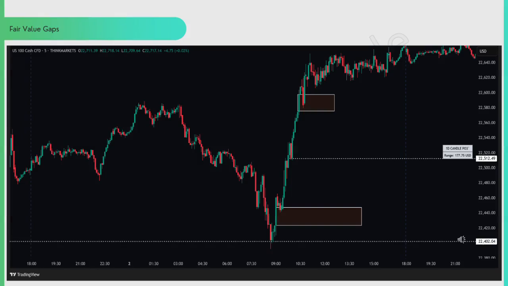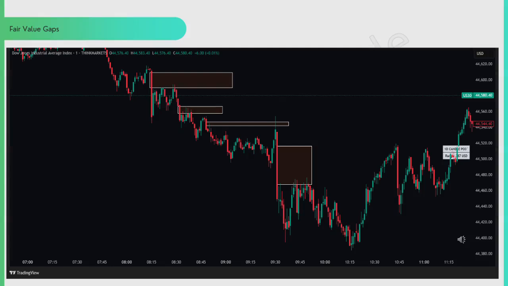So the third one, this is US 30, known as Dow Jones. So we see the same thing happening here. This happens on any market, almost any market that works based on algorithm. So you see this as well. This is your 1 minute time frame.